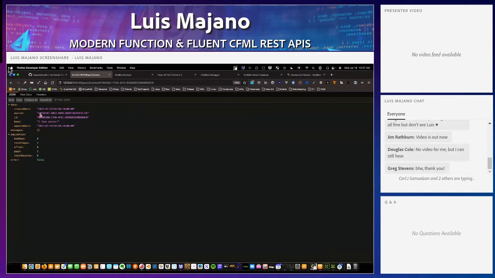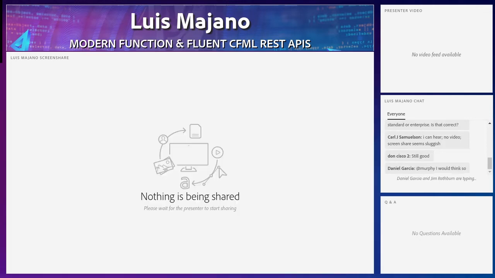Is that all your open tabs? No, something's going on. I think it's reviving. No problem. All right. Can you still see my share? I can. I see your mouse going around. I think maybe your share got frozen. Okay. All right. Should I stop the share and start it again? Yeah, let's go ahead and do that. Let's stop the share and have you give it another shot. All right.